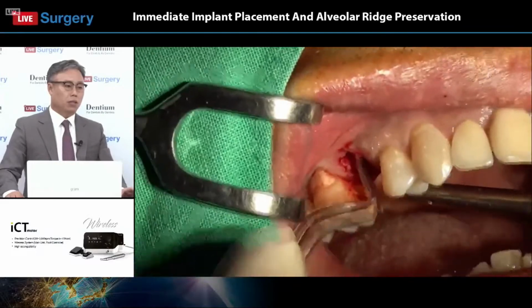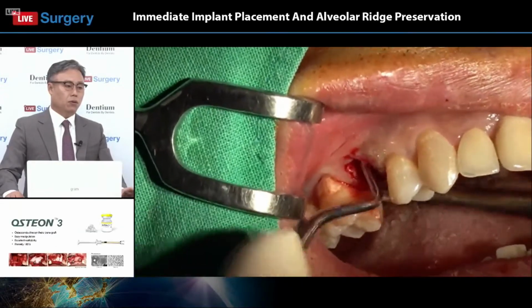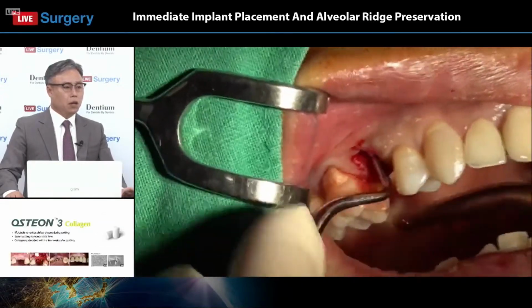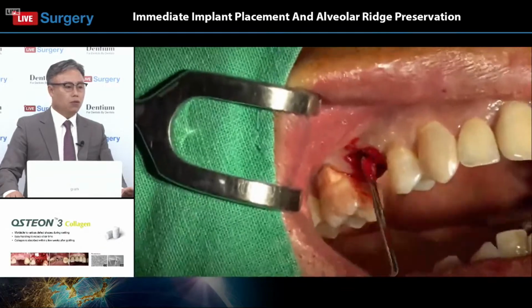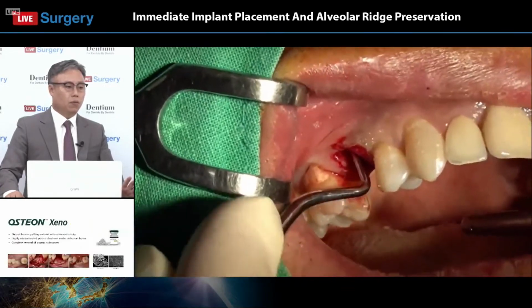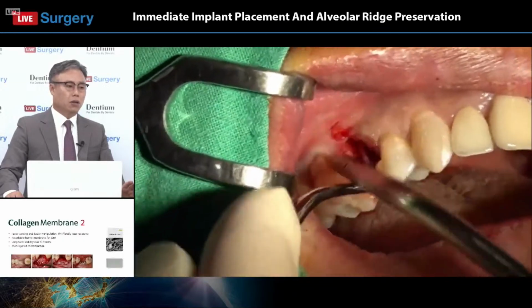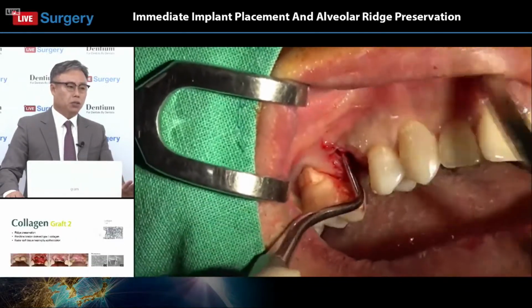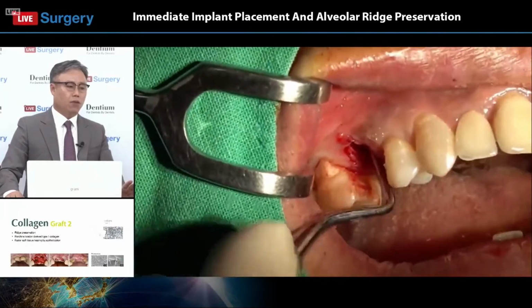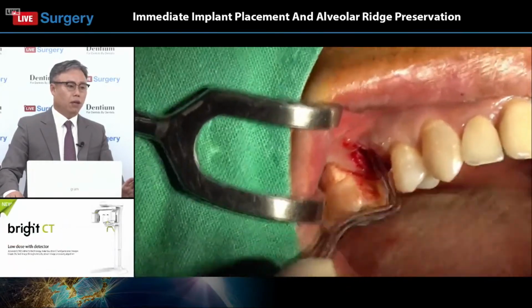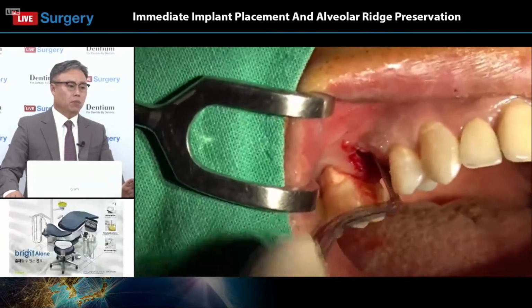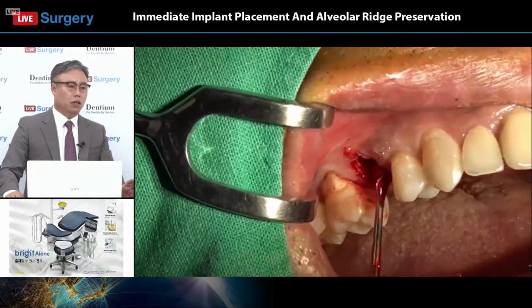However, on the buccal side, we don't know exactly, because usually a thin bone plate is left, and during the extraction procedure the buccal plate could be damaged. So we have to evaluate carefully whether the buccal bone is intact or not.